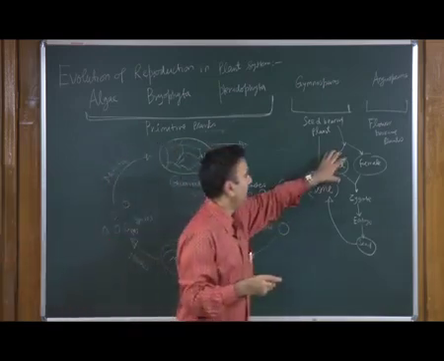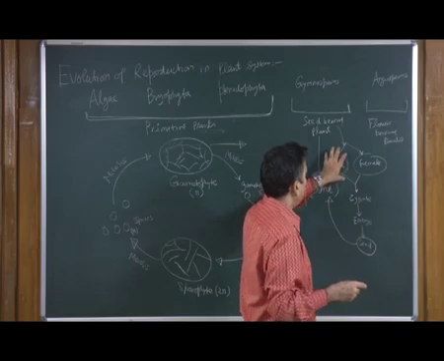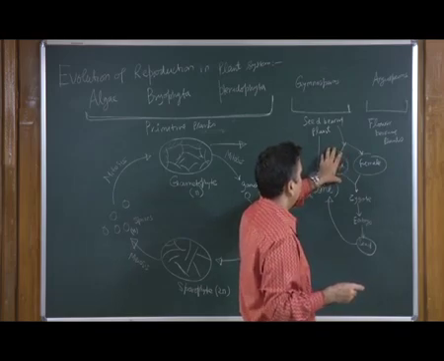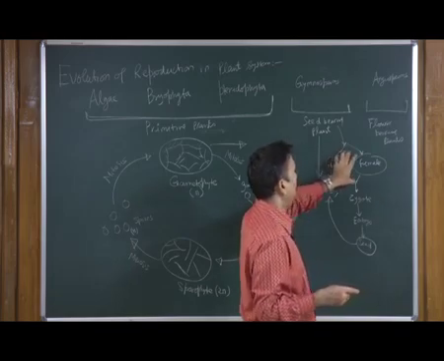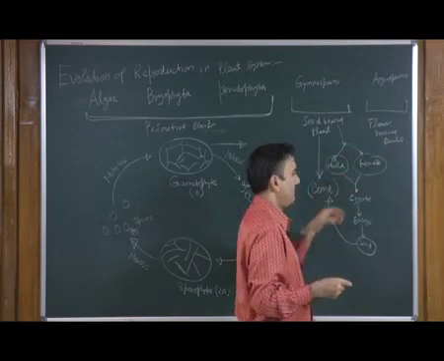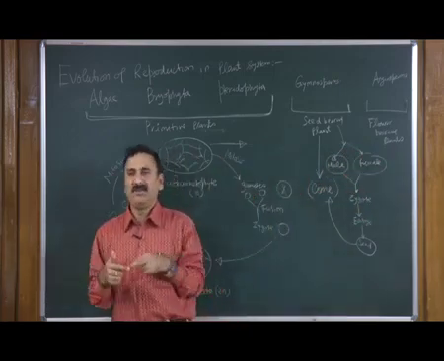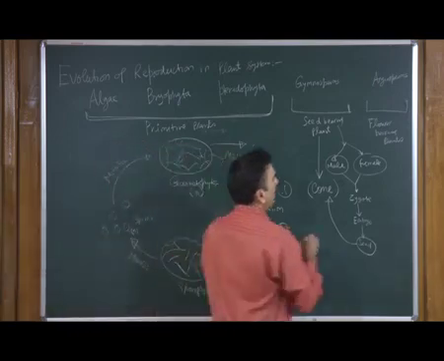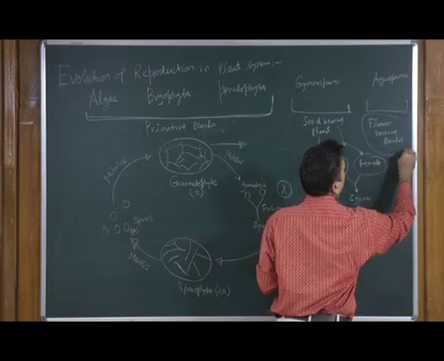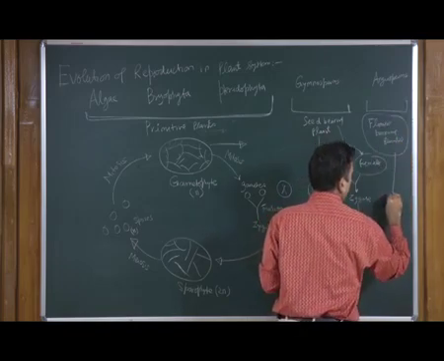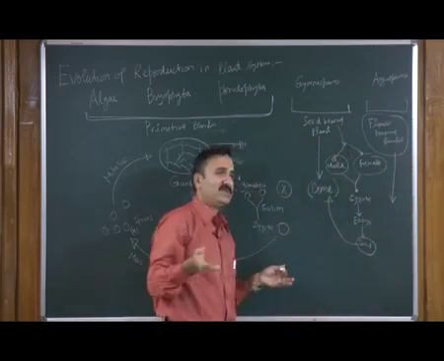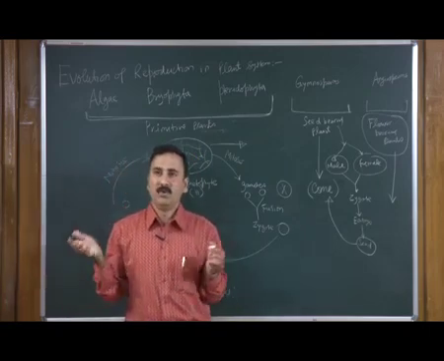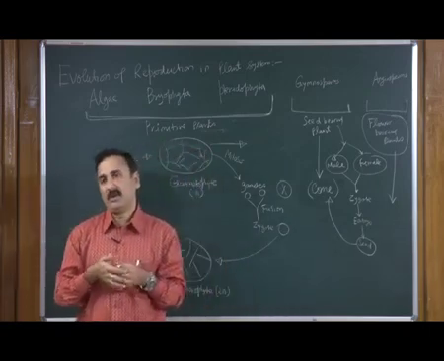Because of that, there is still a failure at the stage where the male sex organs as well as the female sex organs are forming the gametes, but these gametes are facing problems in terms of getting the fusion. Those kinds of problems are taken care of by the angiosperms, and that is why the angiosperms are considered to be the most evolved plants present on the earth.